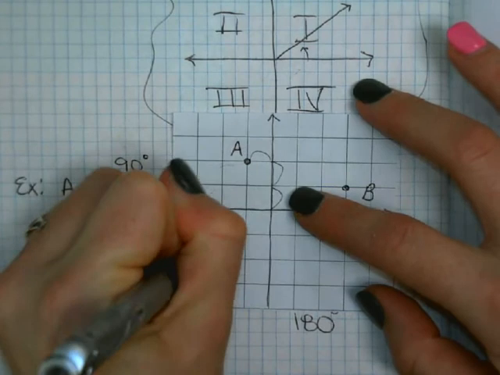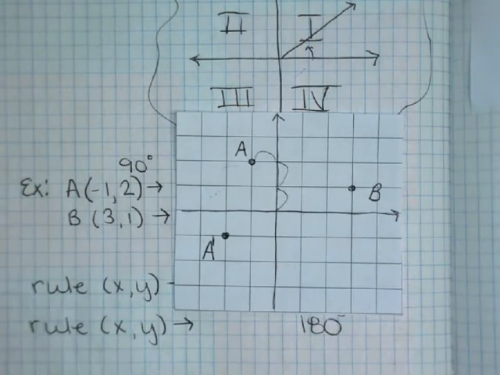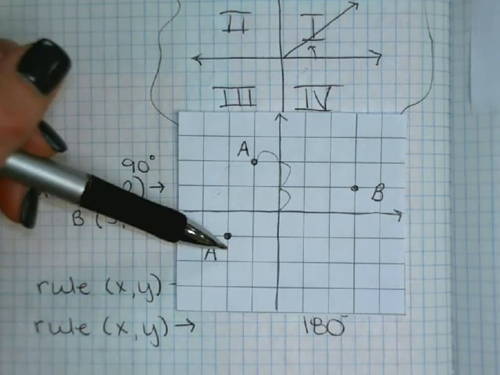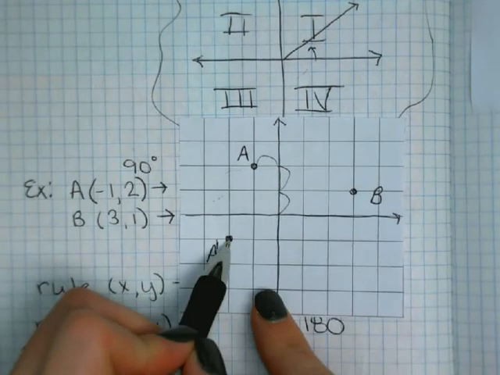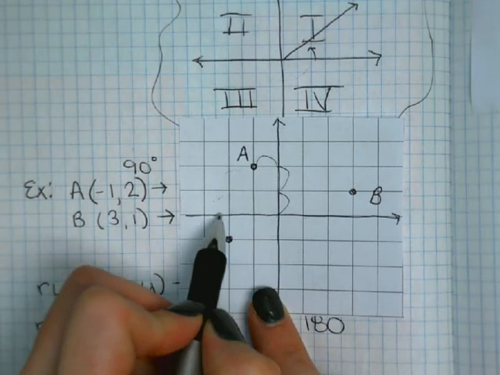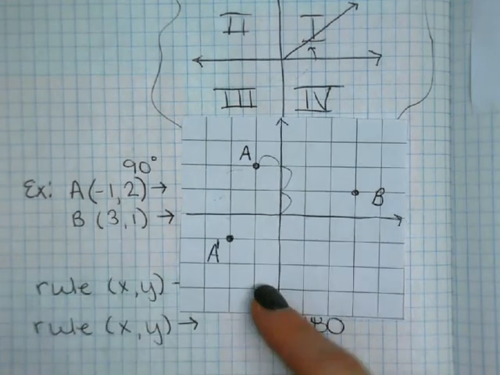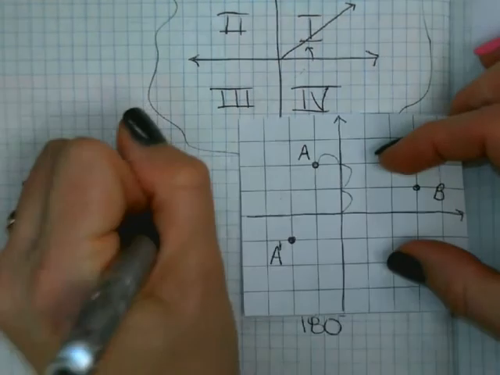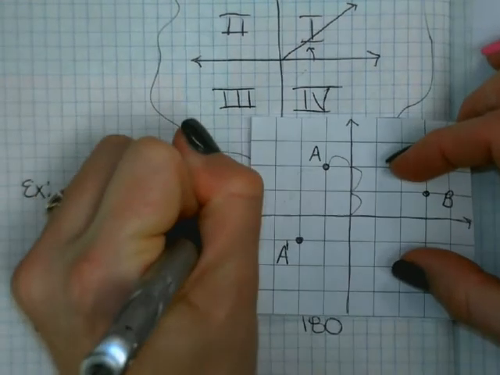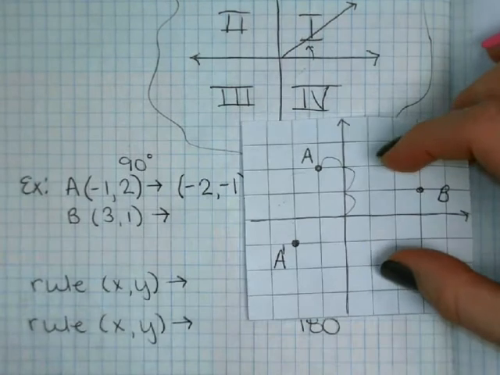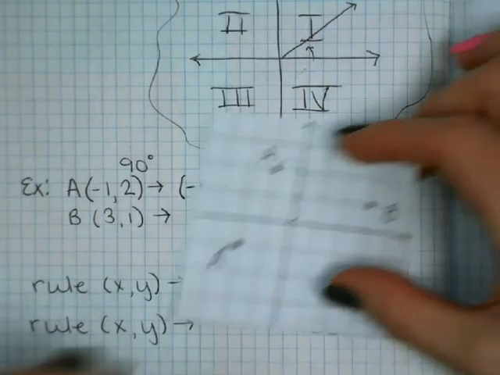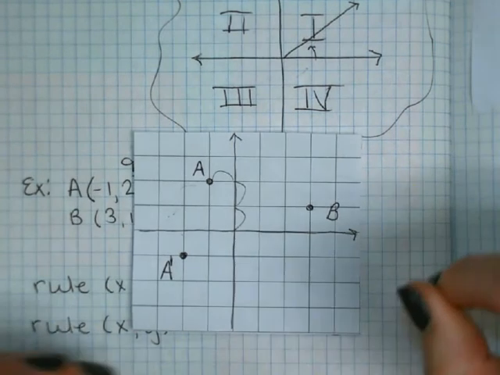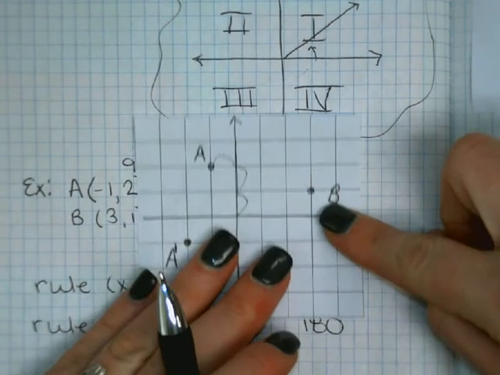So turn your paper back to its original position and graph (-2, -1). If I had turned my A coordinates 90 degrees in a counterclockwise direction, this is where it would be located. Does that make sense? So it went from (-1, 2) to (-2, -1). And we're going to talk about the rule.